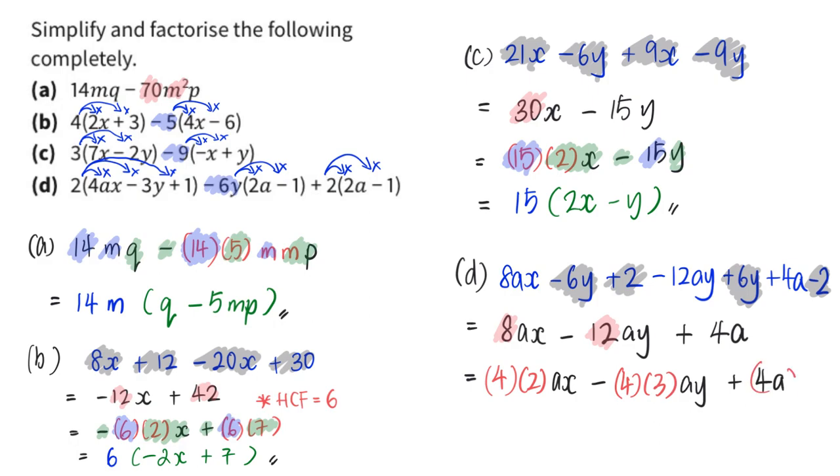Do take note, the whole 4a is 4a times 1 or 4 times 1, such that finally 4 is my common factor, a is also my common factor, and I'm left with 2x minus 3y plus 1. And that will be the answer and how you approach this question.